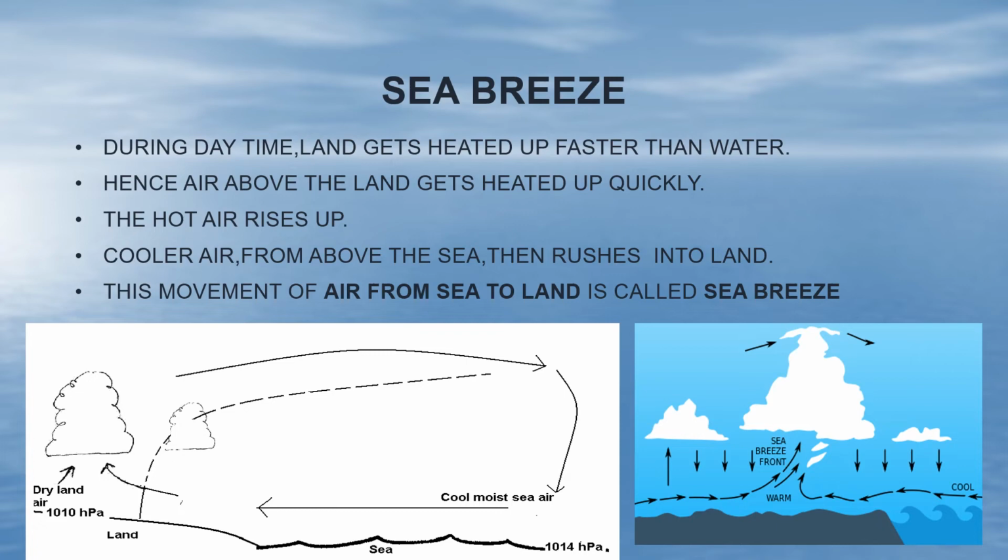The cool, moist sea air moves from above the sea to the land. This movement of air from sea to land is called a sea breeze. This picture very clearly shows how the movement of air takes place. So this is what sea breeze is.